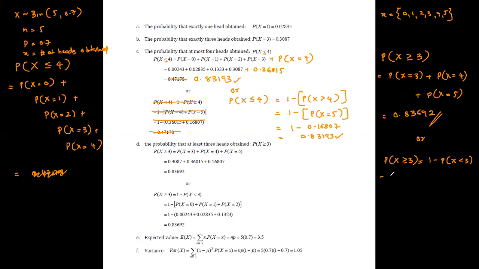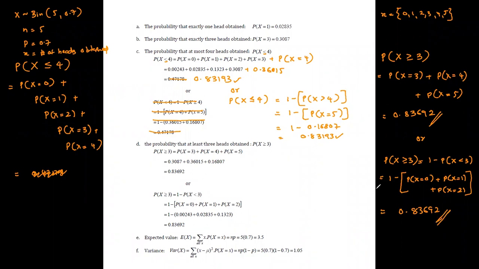Then x less than 3 means the possible values are x equals 0, x equals 1, and x equals 2. Even if you follow this way, you must get the value 0.83692 or a value approximate to this.